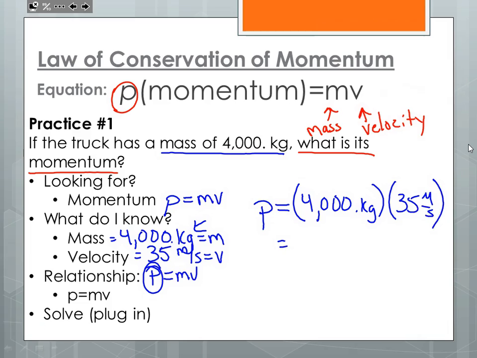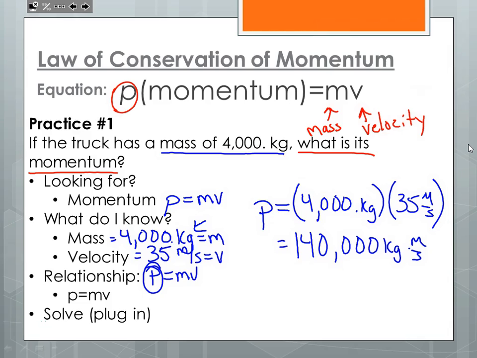And if you look, our units are correct because you're going to multiply kilograms times meters per second. So it's 4,000 times 35, which gives you a big old massive number of 140,000 kilograms times meters per second. So that's how much momentum the truck has.